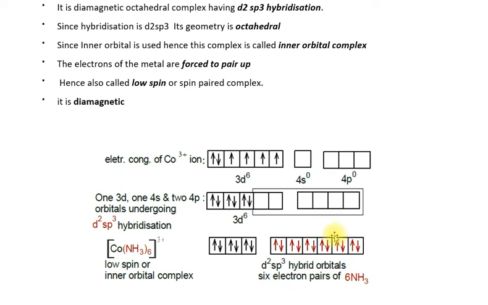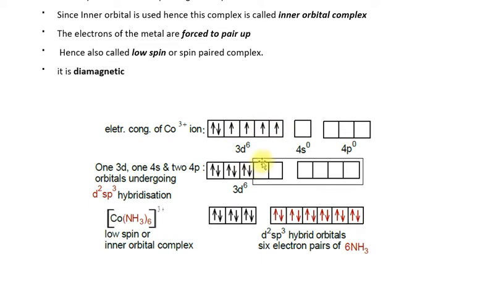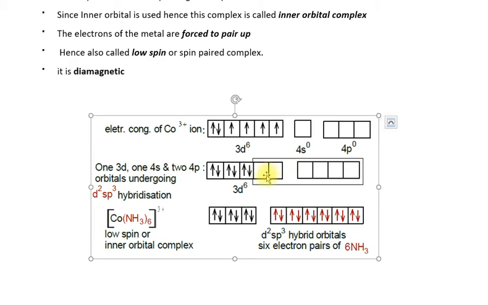Therefore the 3d6 electrons pair up, these 2 electrons pair up here, so 2 vacant d orbitals are available. These 2 vacant d orbitals are also used for the ligands. Then the 4s and the 4p are used. They undergo hybridization to give d2sp3 hybrid orbitals, which can accommodate the 6 electron pairs of the 6 NH3 ligands.